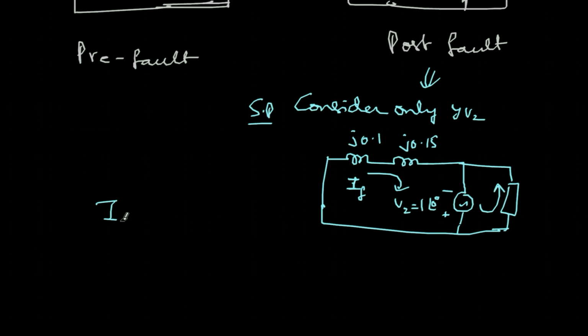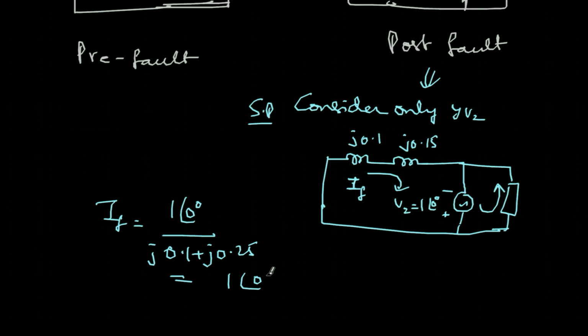So what is IF here? It will be 1 angle 0 degrees divided by 0.1 plus 0.15, so the total will become 0.25. It will become minus j4 per unit. But the direction of this current will be like this.